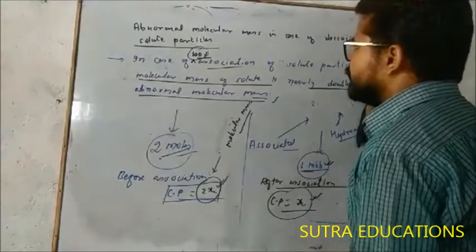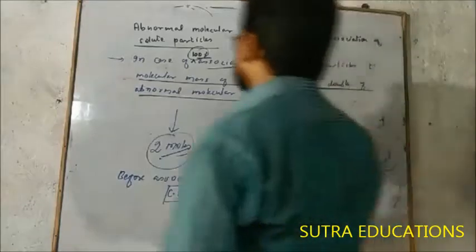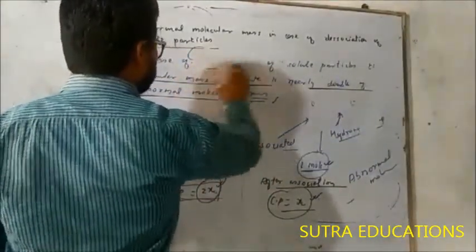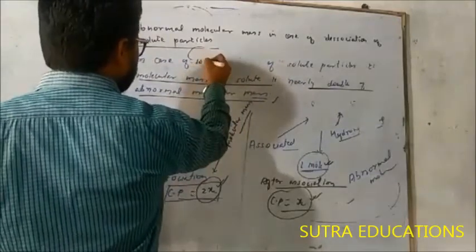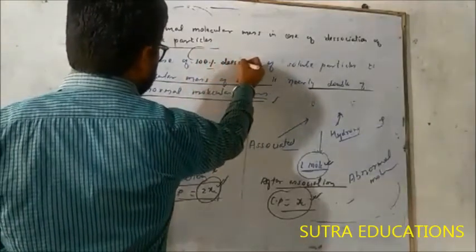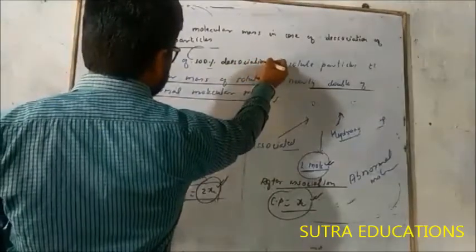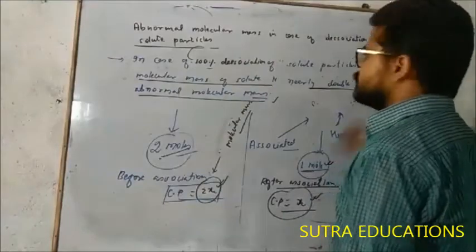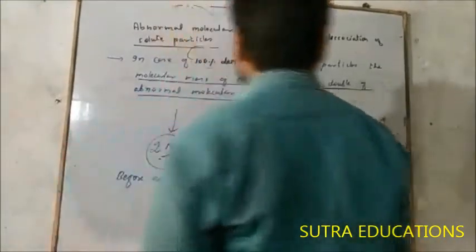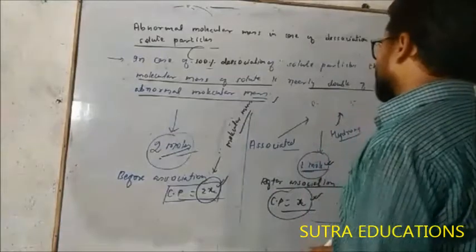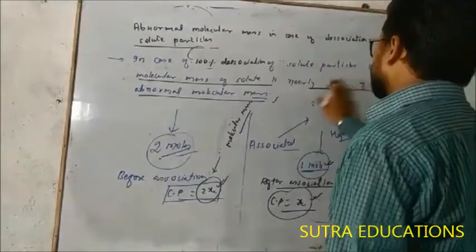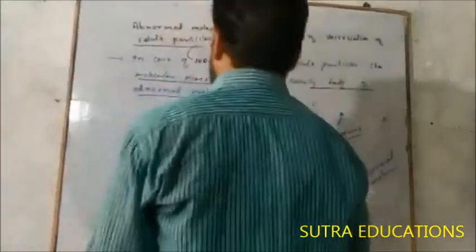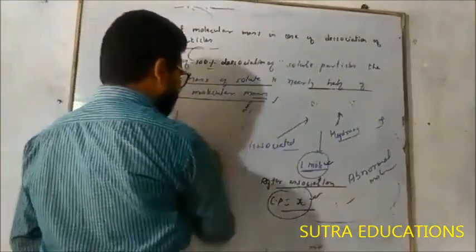This time we will write, in case of say 100% dissociation of solute particles, the molecular mass of solute is nearly half. This time it will be nearly half of the abnormal molecular mass. Getting this now? Why is this happening?